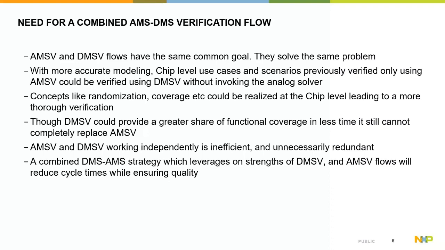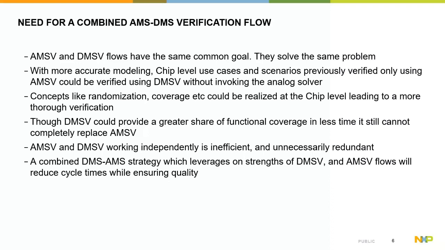And one thing that's worth mentioning here is that though DMSV could provide a greater share of functional coverage because of the more accurate modeling, still there will be some use cases that would still need AMS. Some critical functions we would actually need to verify using the actual analog schematics. So DMS cannot 100% replace AMS, but there is still some relevance to AMS.